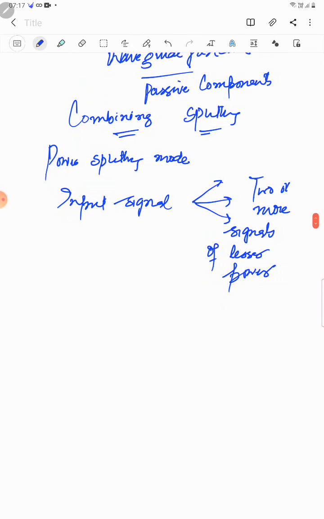A single signal in power division mode is divided into two or more signals of lesser power.